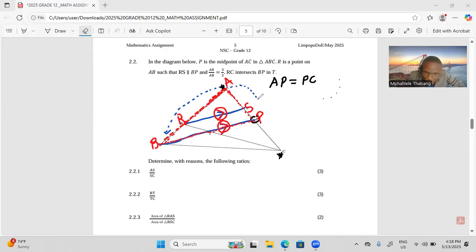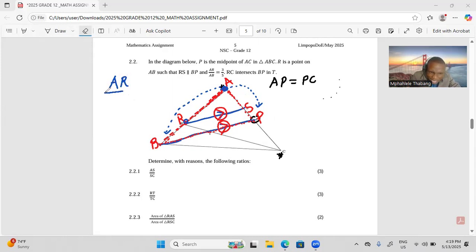If we exclude, for a bit, the side BP, which is parallel to RS. Now we are going to say those two sides, AB and AP, are in proportion. Actually, I'm going to explain what I'm talking about here. The prop theorem will work like this. We are going to say, let's take the distance from A to R. So we say AR.